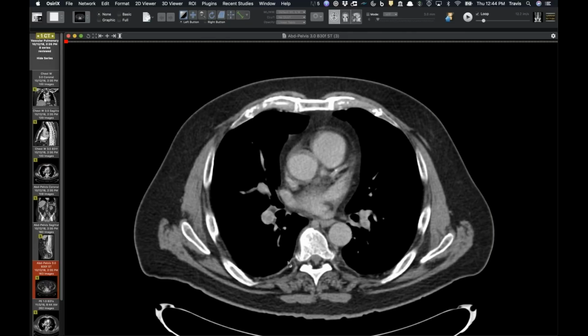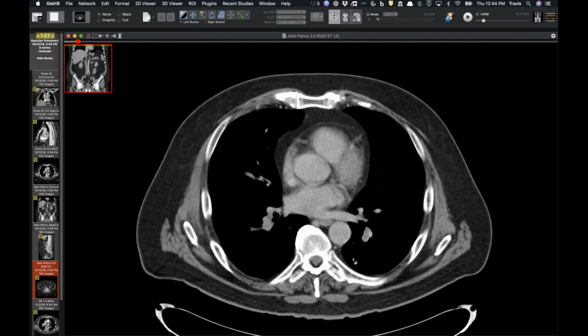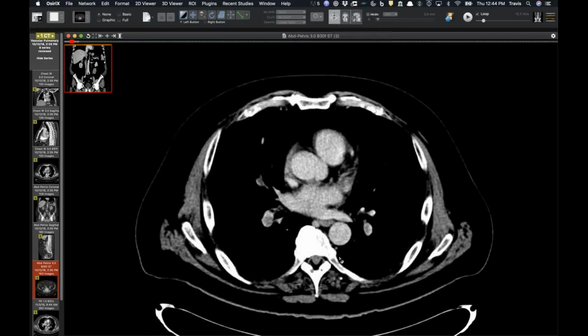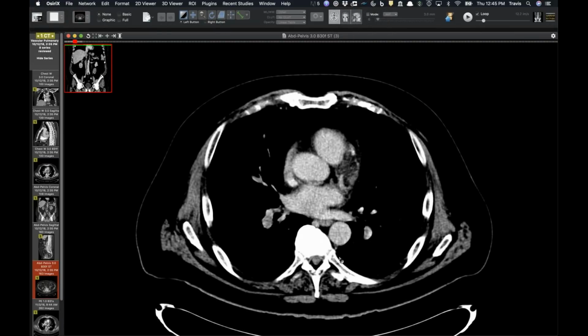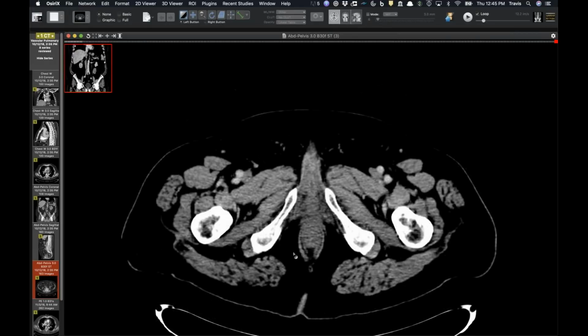And I think you can hopefully see on this very first image the presence of suspicious looking findings in both pulmonary arteries. And if you window it, it definitely looks like there are pulmonary emboli here.